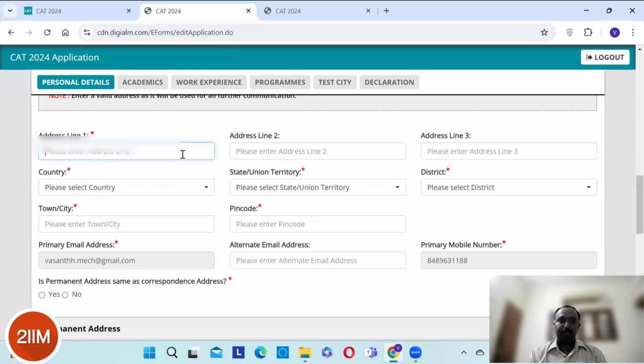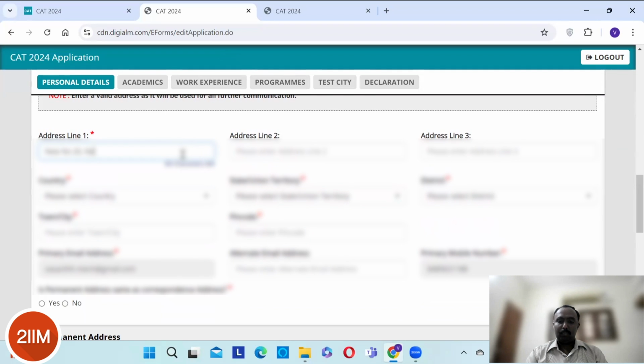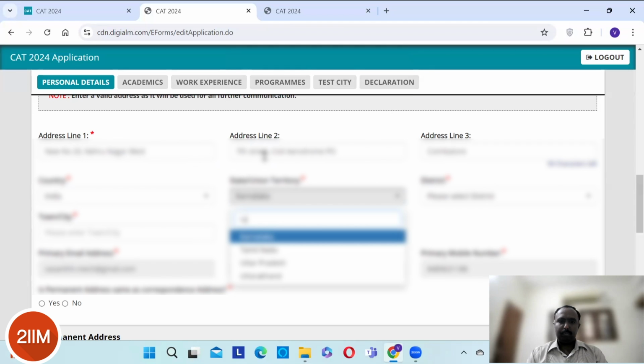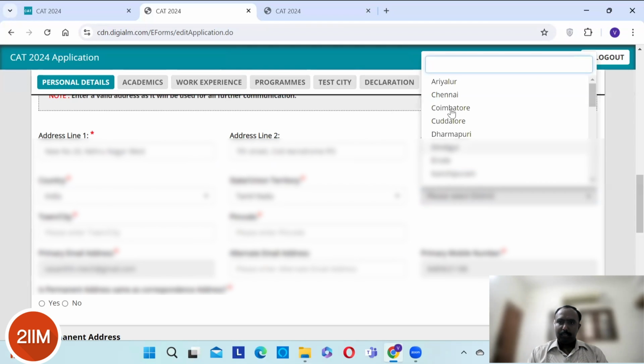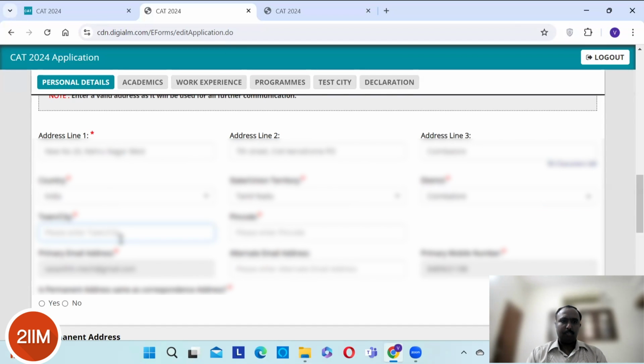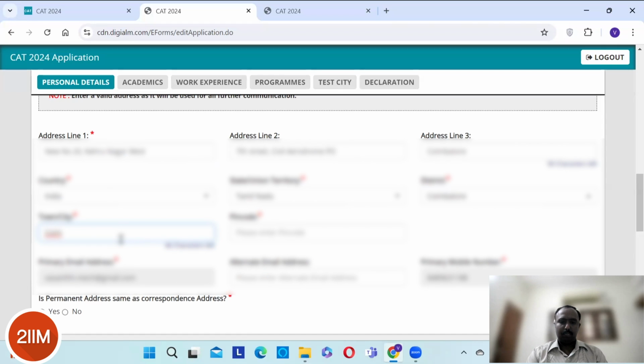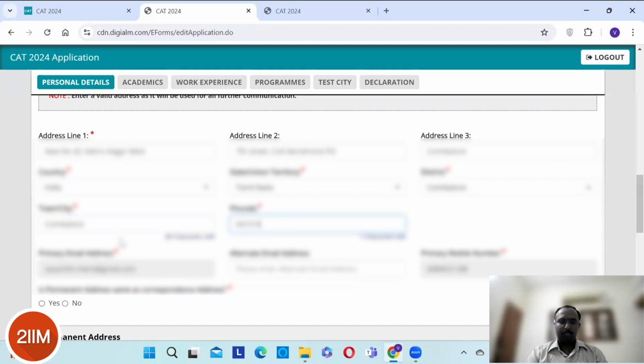So all these things have to be ready. All these are the personal details.